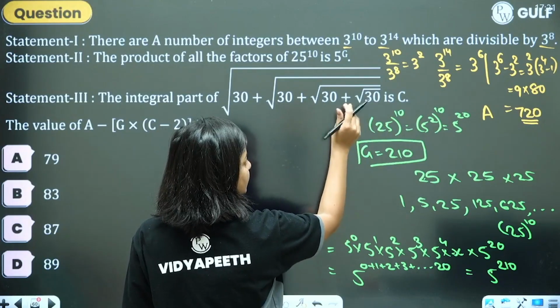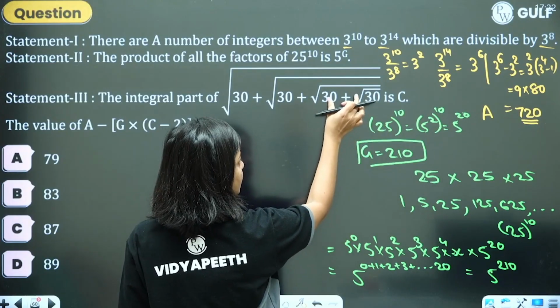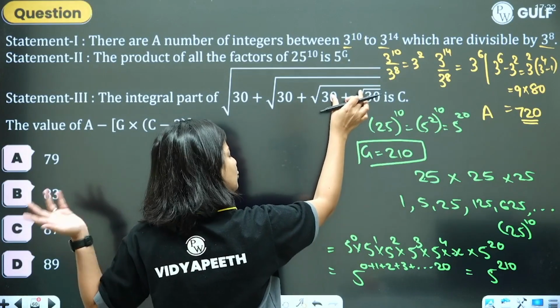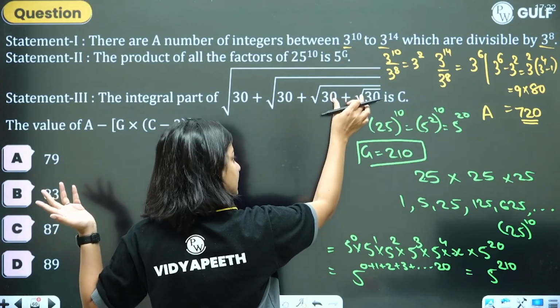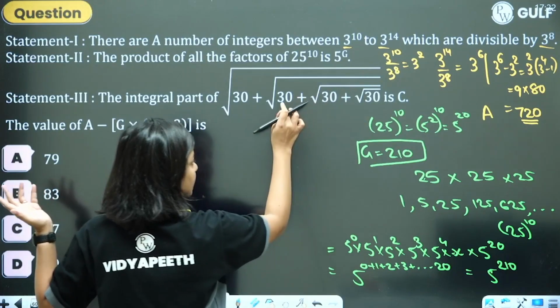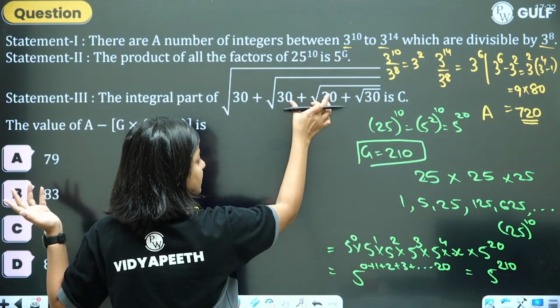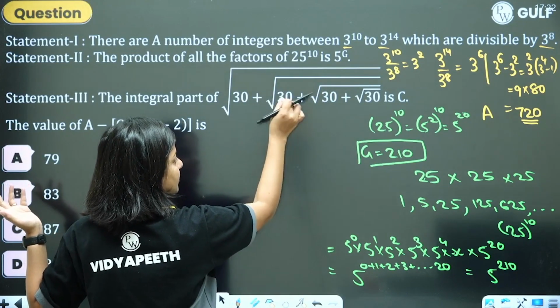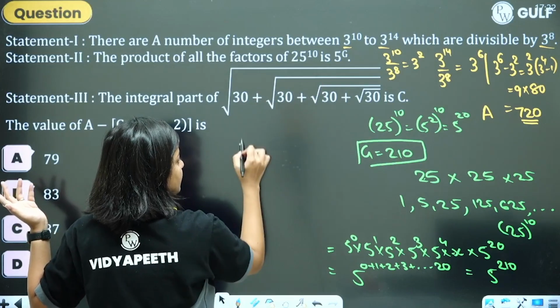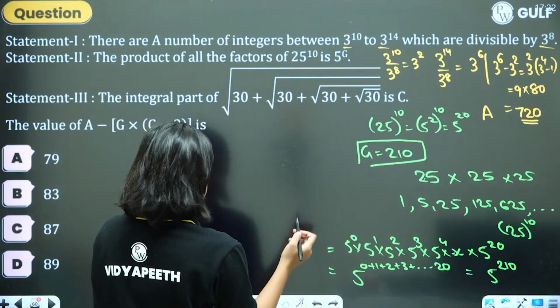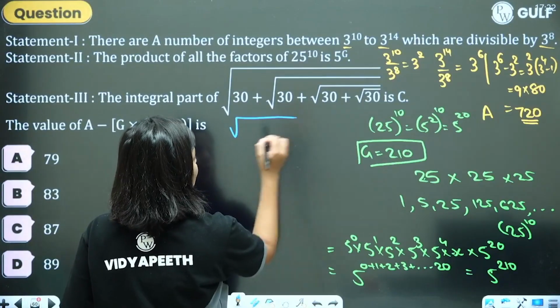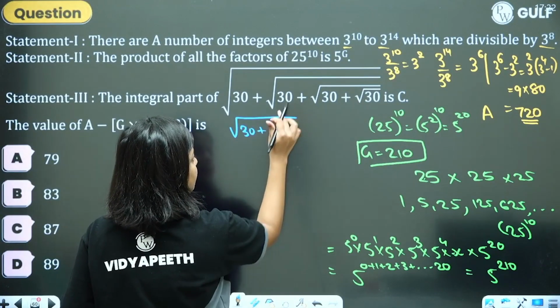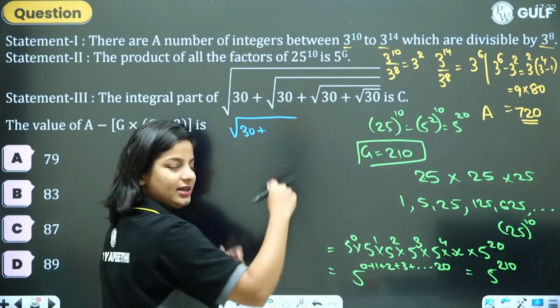30 plus 5.3, again root of 35 will be less than 6, 5 point something. Root of 30 plus 5 point something, again less than 6. Root of 30 plus again 5 point something. So this is finally going to be root of 30 plus, each time you take it as 5 point something.